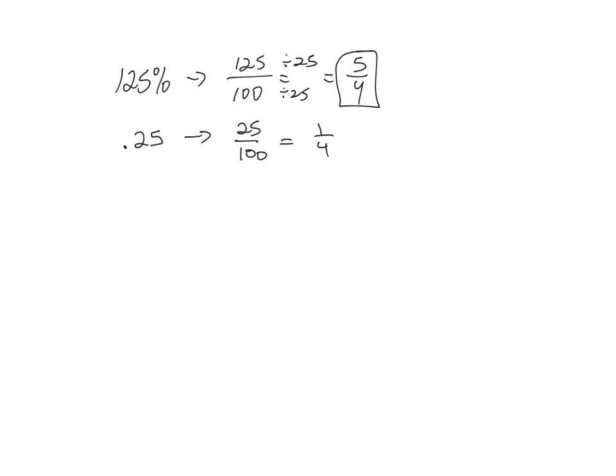Okay, so you'll have one that's a percentage and two that are decimals. Just make sure you convert them to fractions and divide by the denominator, multiply by the numerator.